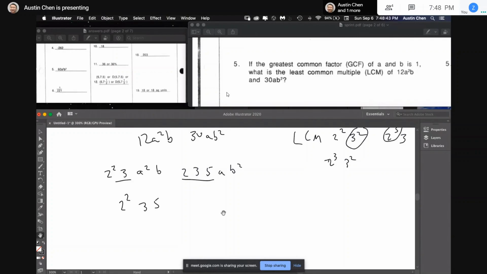No, I think they made a mistake on this problem. I definitely think they should say A and B are relatively prime to 12 and 30, because if not, you can't do it like that. I understand what you're saying.